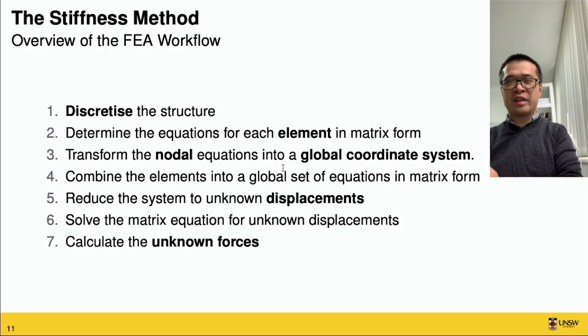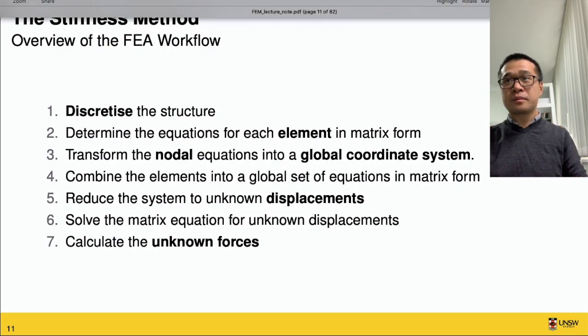F equals K times X. K is what we call the stiffness matrix. We'll talk about it later. That's why it's called the stiffness method. F equals K dot X, where X is basically the displacement on each individual node. So you put all of them in matrix form.